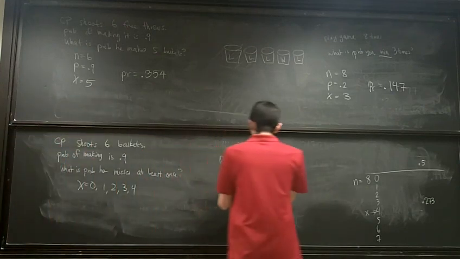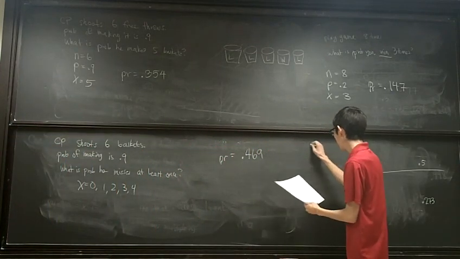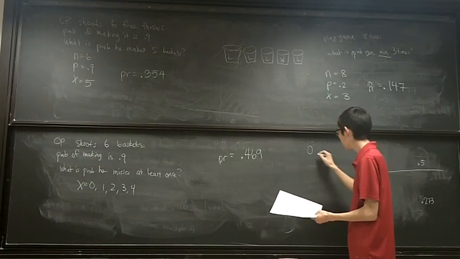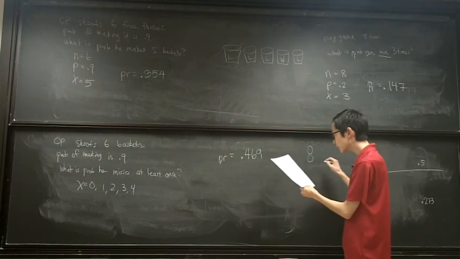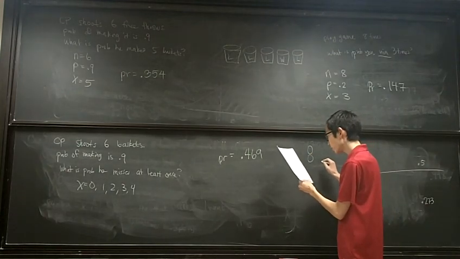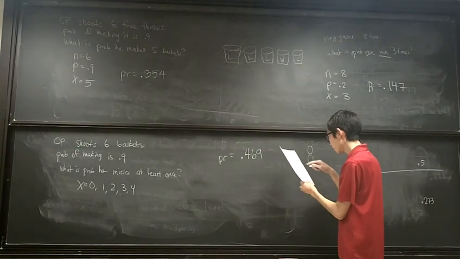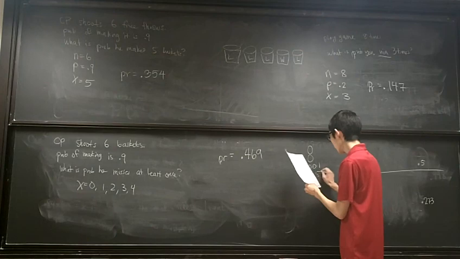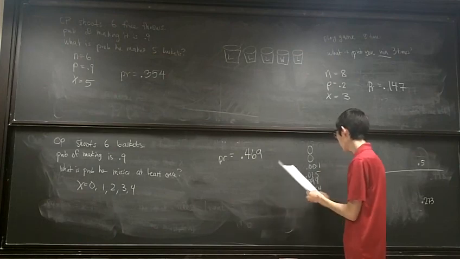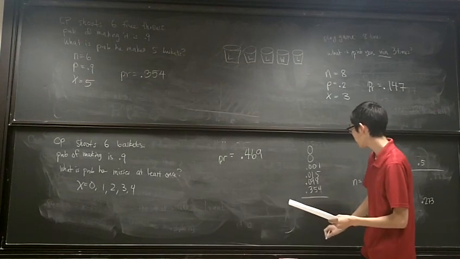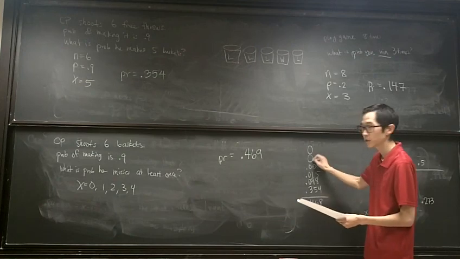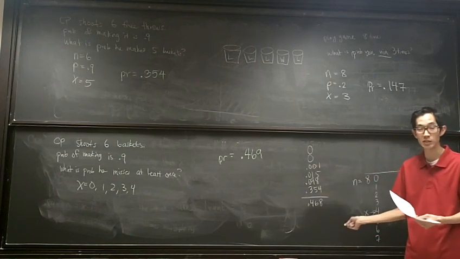One option is to add up all of these numbers, where 0 plus is practically 0. So you add 0, 0, 0, 0.001, 0.015, 0.098, and 0.354, and you get 0.468.